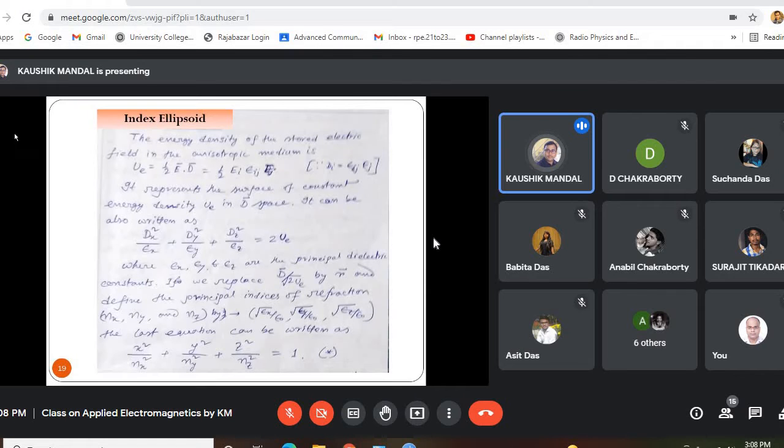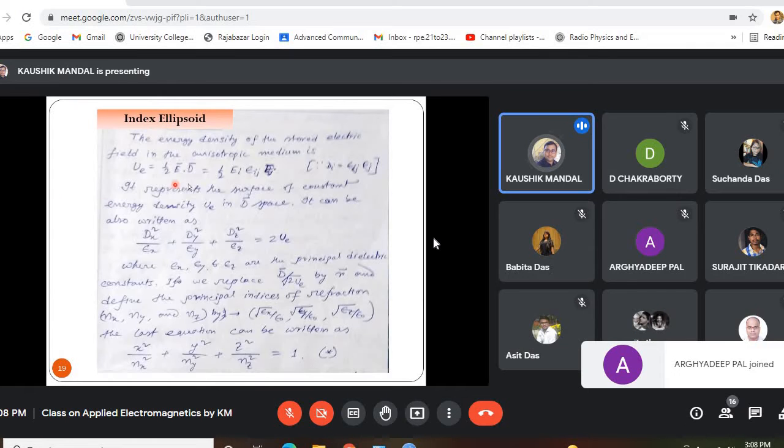So first we will discuss how we can draw the index ellipsoid, and from the index ellipsoid how we can find the two indices of refraction. To draw the index ellipsoid, we start with the stored electrical energy density, UE.